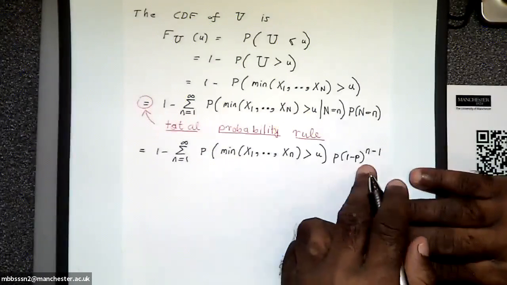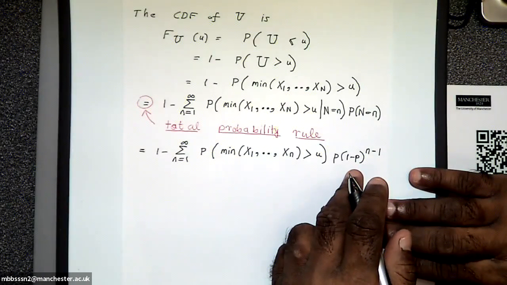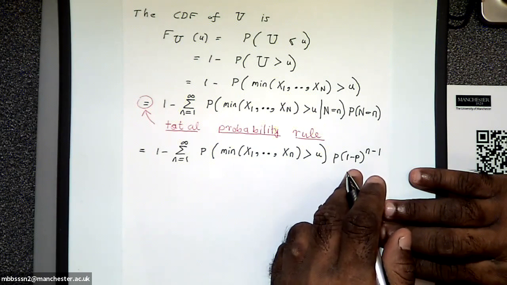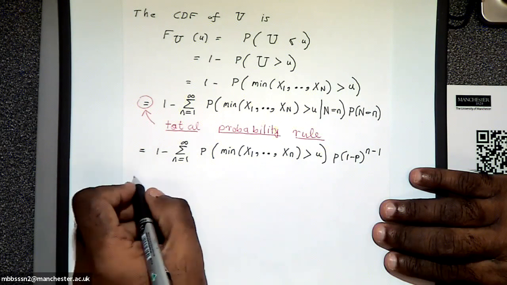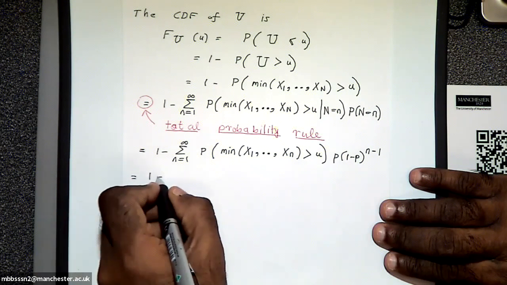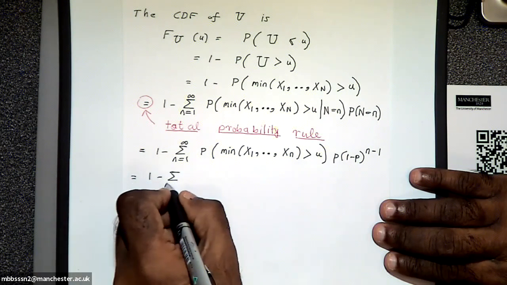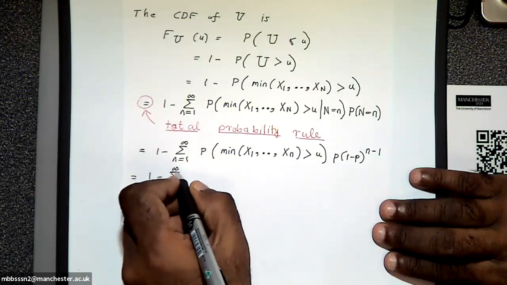This is the probability mass function of a geometric random variable. All right, so this becomes 1 minus the sum from 1 to infinity.